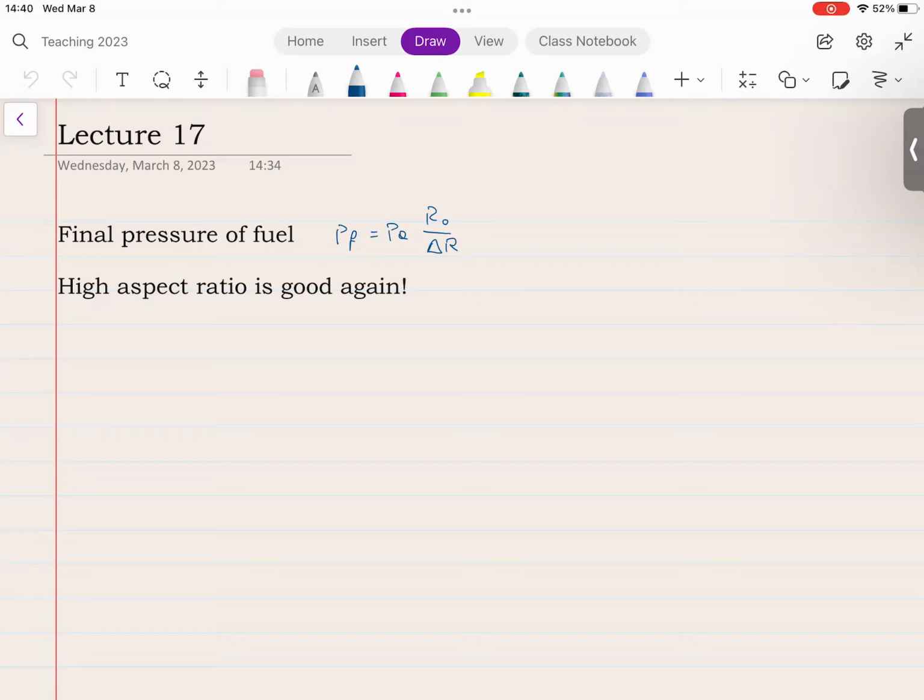Now, we have hopefully a reasonable picture of how we're trying to compress our fuel. Now, what happens is that as we try to compress our fuel, we form shock waves.